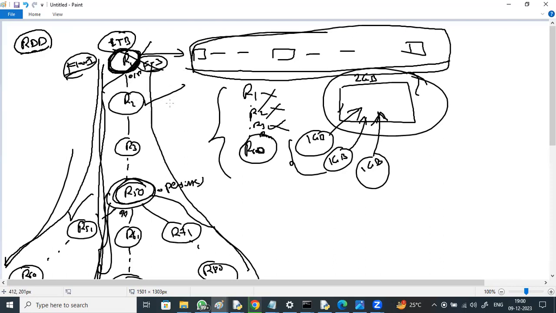All the RDDs can't be loaded at a time. RDD by RDD is how it will be loaded. When R2 is ready, R1 gets removed automatically when the R2 computation is finished. When R3 computation is finished, R2 gets removed from the RAM. There is no necessity. I collected the output from R2, so now what is the use of R2? It will be removed from the RAM.